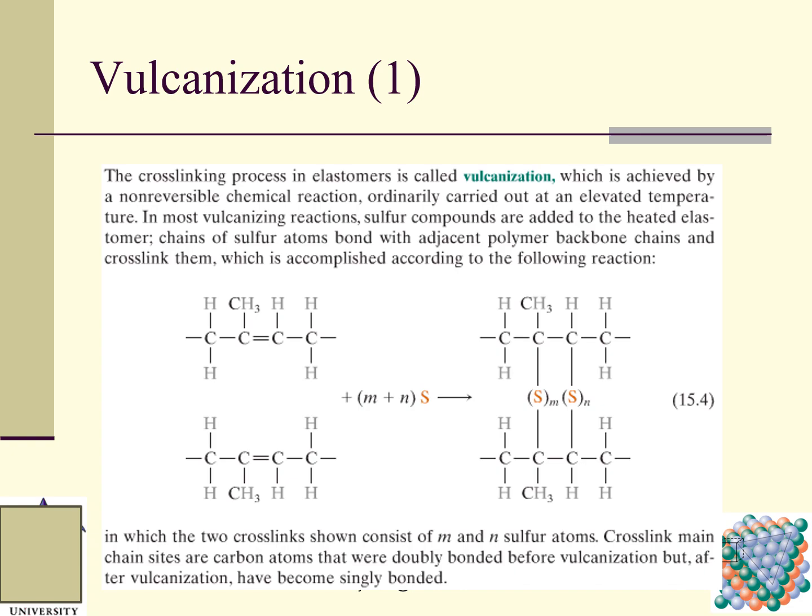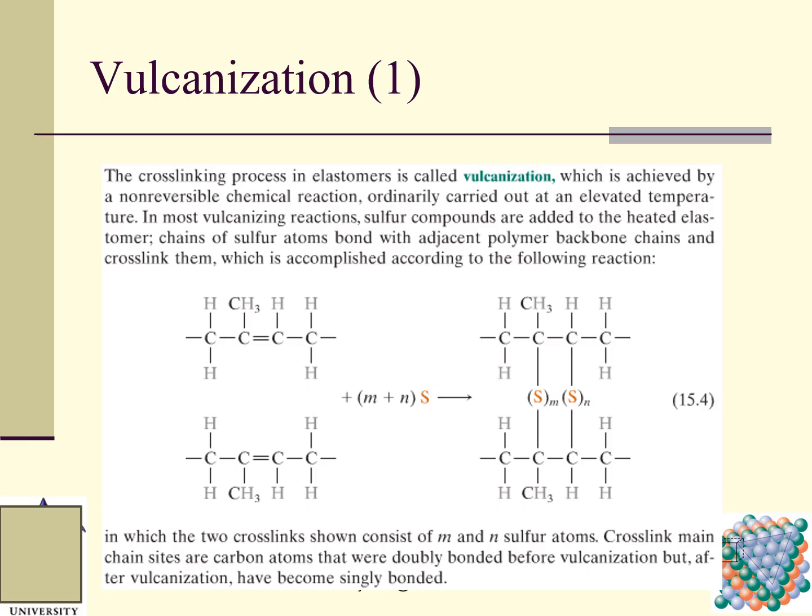The two cross-links shown consist of M and N sulfur atoms, and the cross-link main chain sites are carbon atoms that were doubly bonded before vulcanization but after vulcanization have become single bonded.